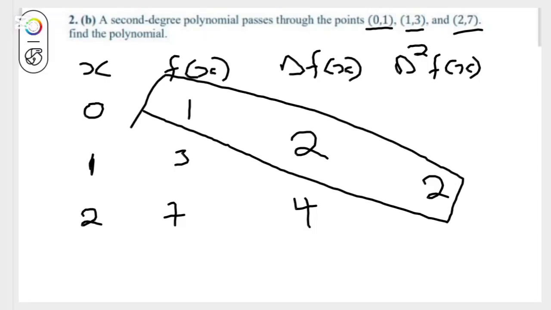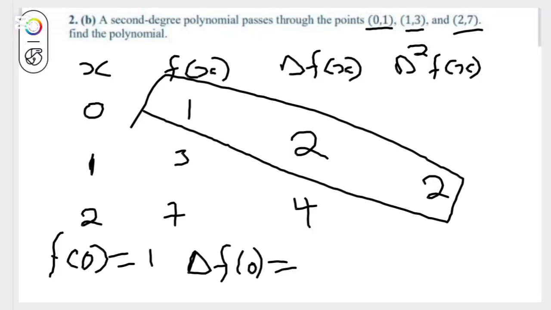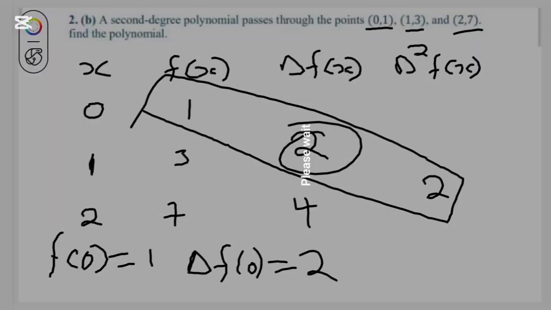So at this point, this f of 0 is the same thing as 1, which is this. And therefore this f of 0 is the same thing as this first 2.